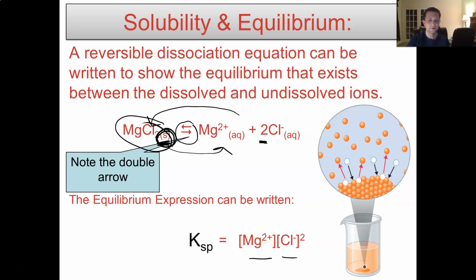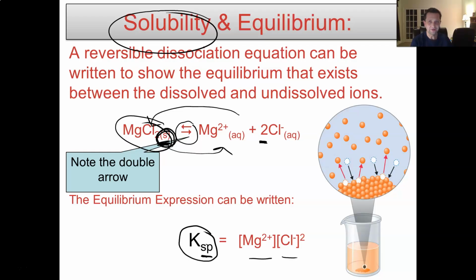So we actually changed KEQ or Kc into something called Ksp. Sp stands for solubility product. So when we're talking about solubility and saturated solutions, we call it Ksp, right? The more problems you do, the more practice, the more you'll recognize this. Ksp has the same format all the time.